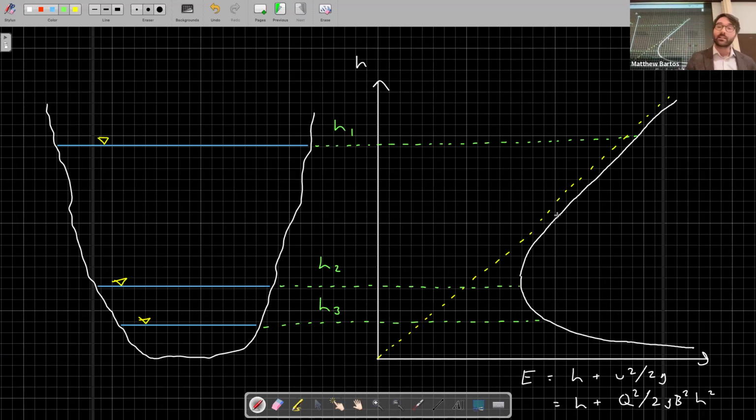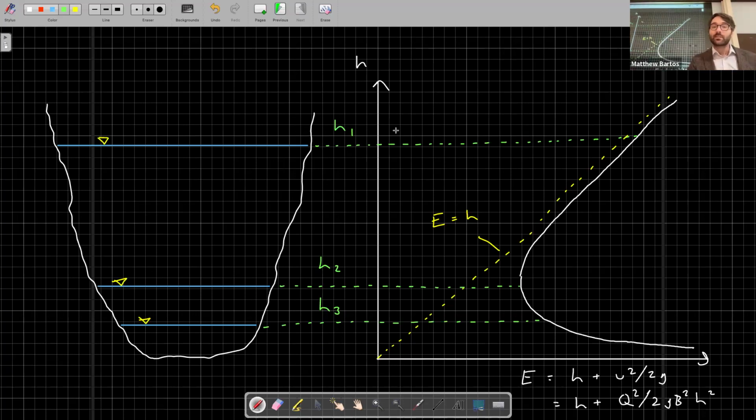So this diagonal line indicates that the specific energy is equal to the depth. Okay, so that diagonal line is the line where our specific energy is equal to the depth.